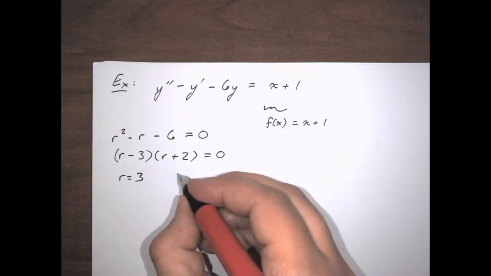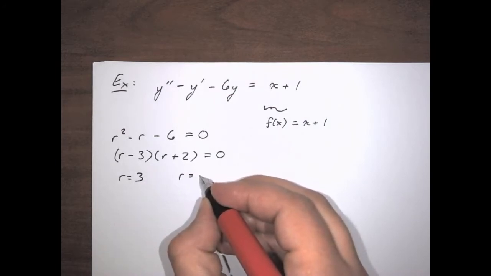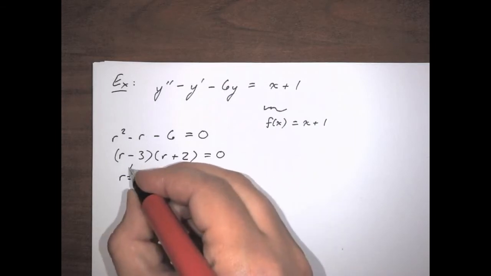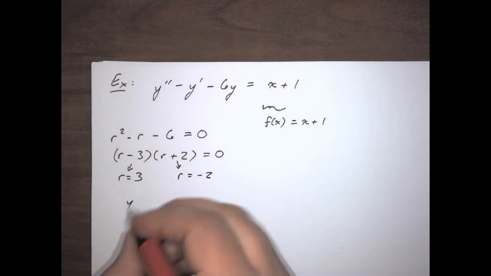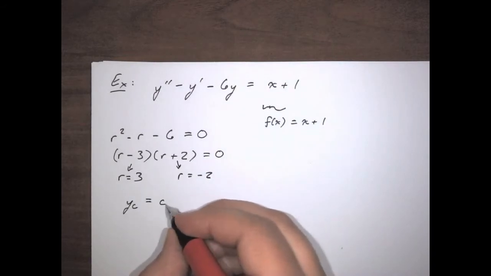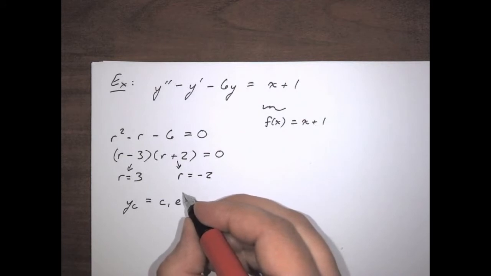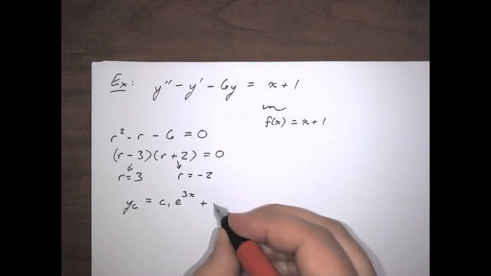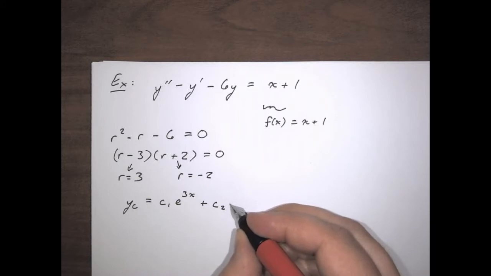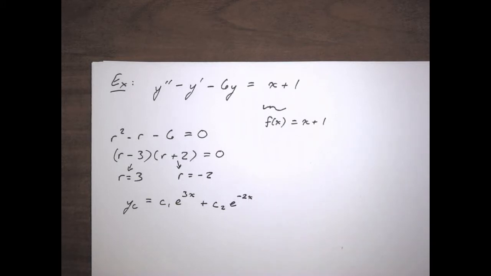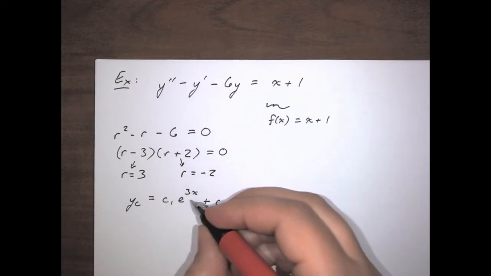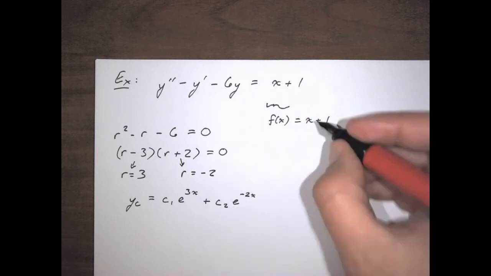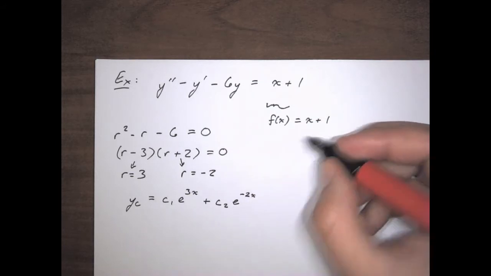So r equals 3, and r equals negative 2. Setting each of those in turn equal to 0 would give us that. And that gives us a complementary solution of c1 e to the 3x plus c2 e to the negative 2x. So we needed this purely in order to find the pieces that we'd need to make sure that our terms over here didn't coincide with.